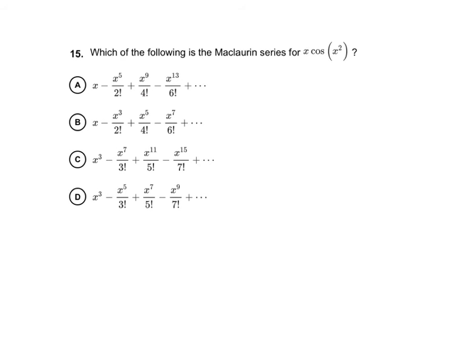Okay, next one. We'll get the Maclaurin series for cosine, plug in x squared, and then multiply everything by x. So let's do that. Cosine x. When we plug in 0, that'll be 1. We know 0, -1, 0, like that.